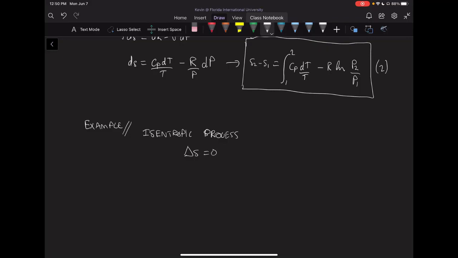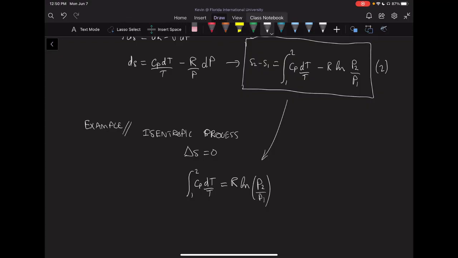There's no change in entropy in the process. So we can say that the integral from 1 to 2 of Cp dT over T is equal to R ln of P2 over P1, and we can use this to find a definition for the integral of Cp dT over T.